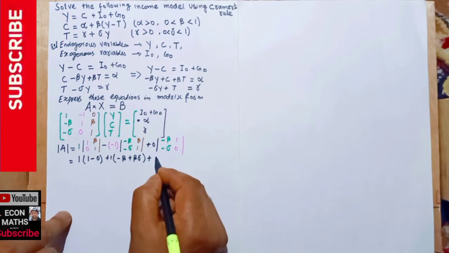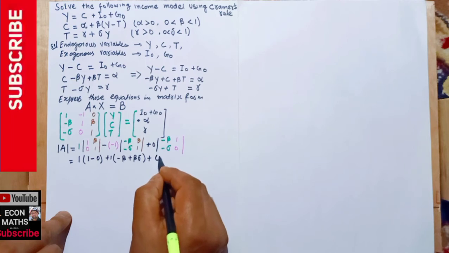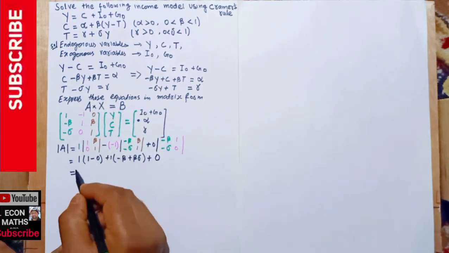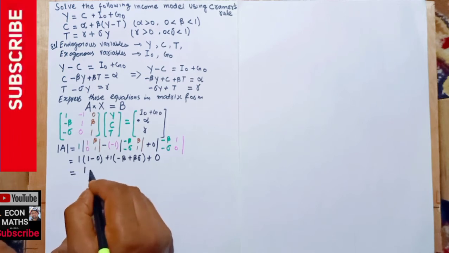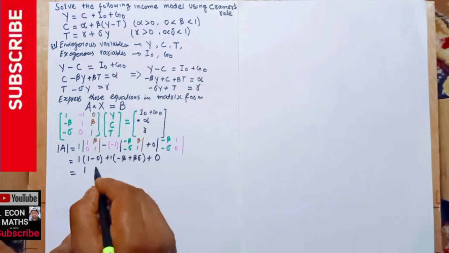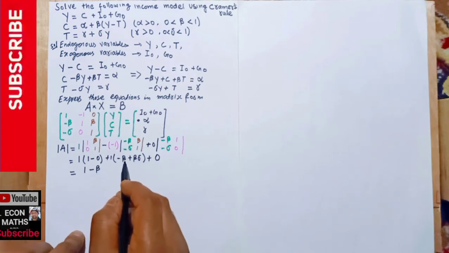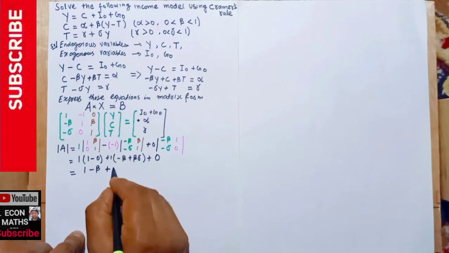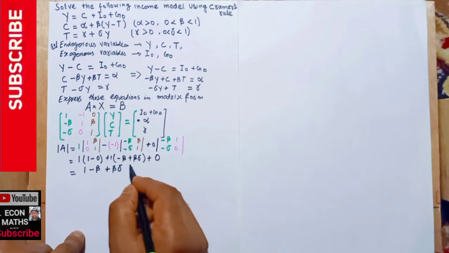Plus 0 times this determinant is also 0, so I will not write it. So this is equal to 1 into 1, which is 1, minus beta, minus beta, then plus beta delta.